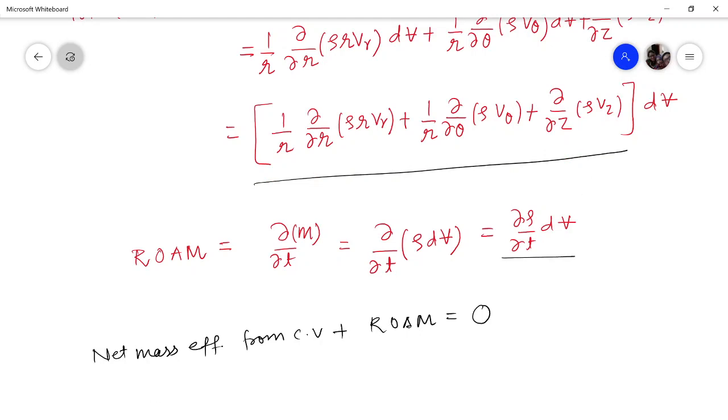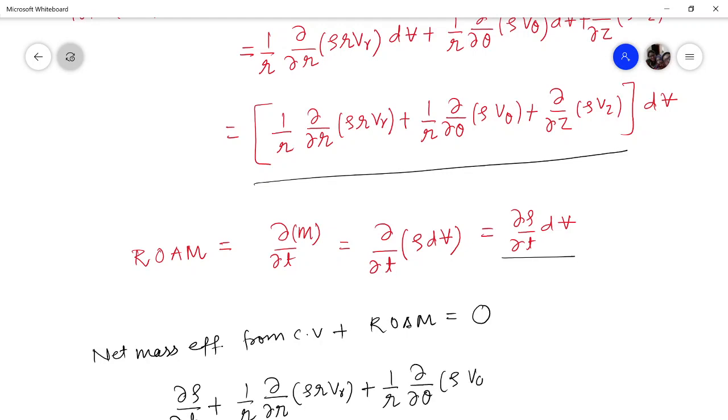And when we take this dv common, this becomes del rho by del t plus 1 by r del by del r of rho r vr plus 1 by r del by del theta of rho v theta plus del by del z of rho vz, times dv, and that is equal to 0.